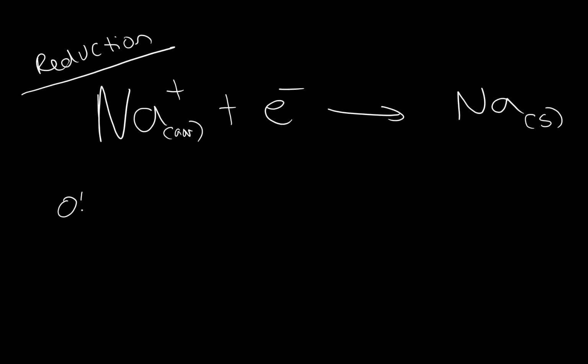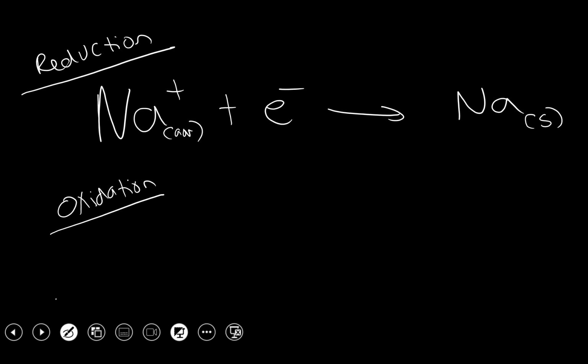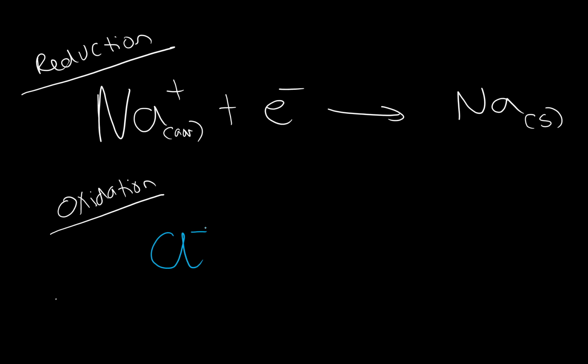Now oxidation, let's just do the oxidation one. Oxidation was loss of electrons, but we can't put a minus there, so this is how we do it. Cl- aqueous. Can anyone walk me through how we write oxidation equations? Yes, we put an arrow, and then it goes to what?